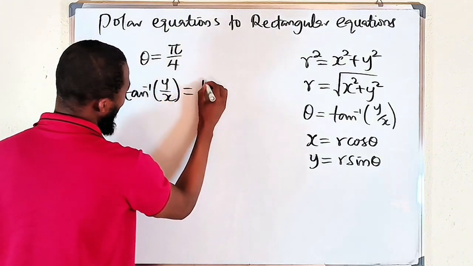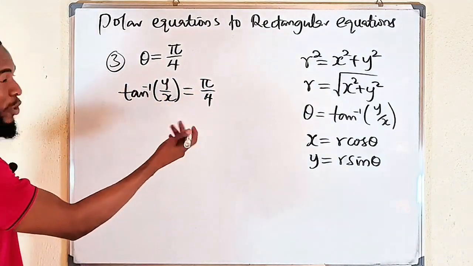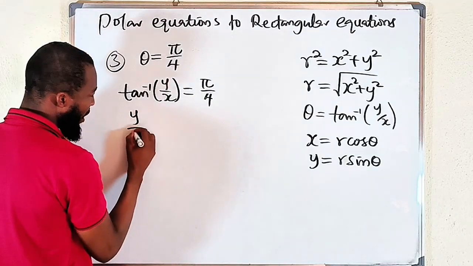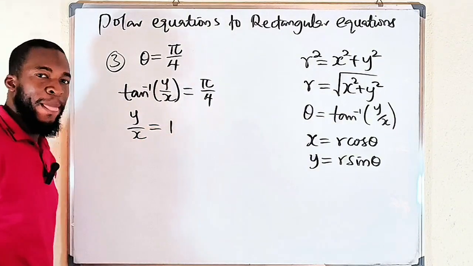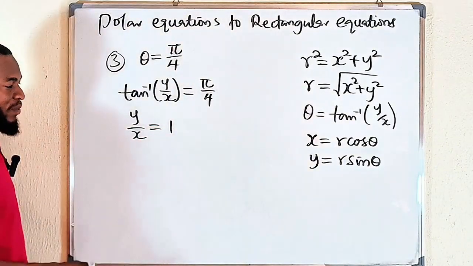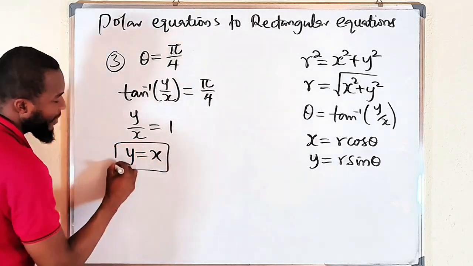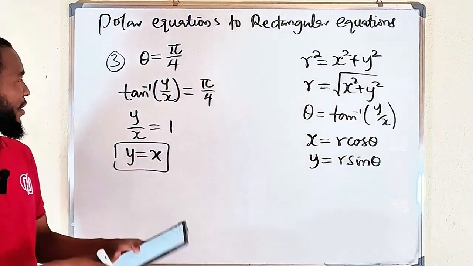And this remains pi over 4. So if you take tan of both sides, tan will cancel this, leaving only y divided by x. And tan of this will give us 1. You can multiply both sides by x to have y equal to x. And hence, this is a rectangular equation of this polar equation.